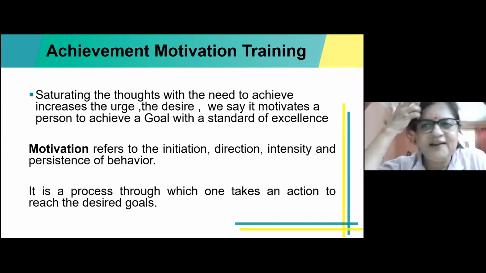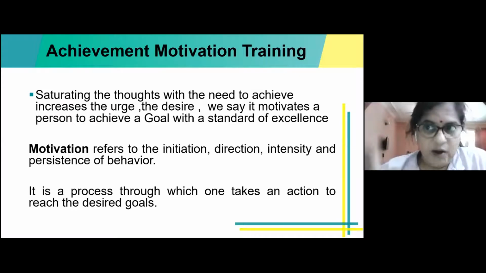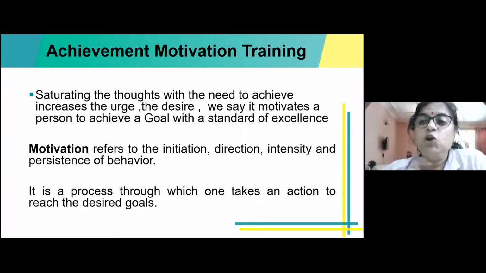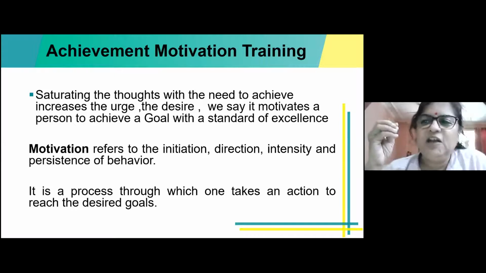It is not that an entrepreneur is born, you know. And nowadays, particularly, we see many first generation entrepreneurs coming up. But your inner desire, your motivation is what will move you in the direction of achieving a goal with a standard of excellence.